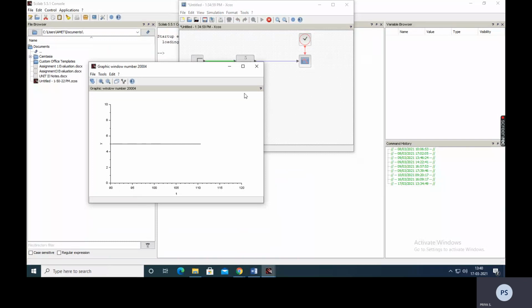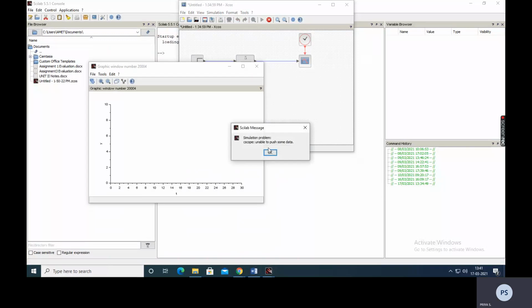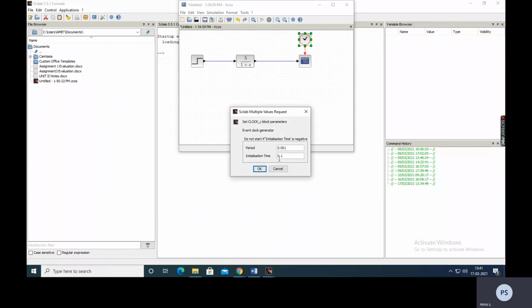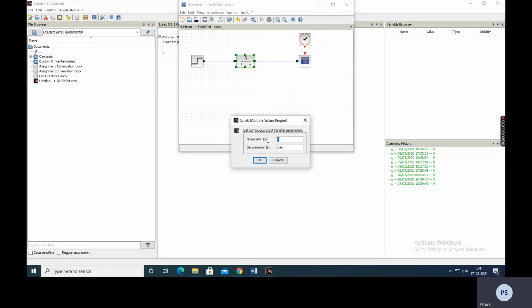So k is 5, it is settled at 5. Good. Now I am again giving a slower value. Next I'm going to change my gain as 10.